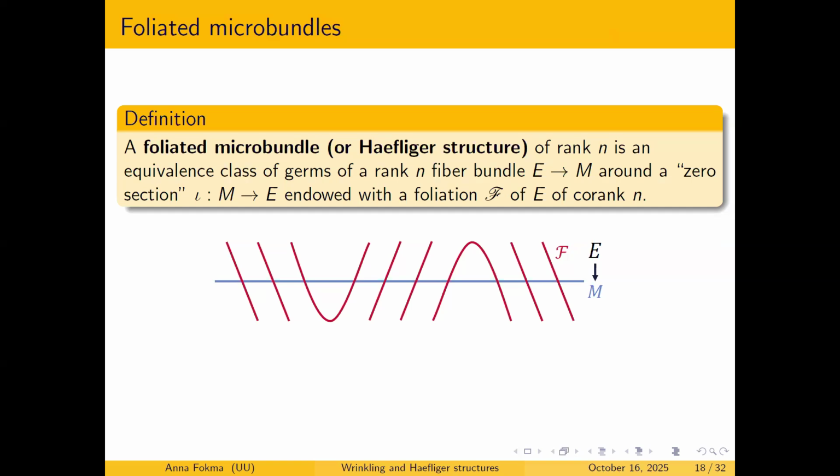And then because it's a foliated microbundle, we have a foliation on the fiber bundle around this zero section, meaning that we have something that looks like this picture, but the foliation is locally just something which looks like R^n, and then all these sheets of a lower R^k.